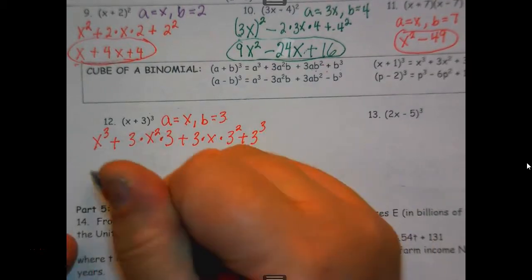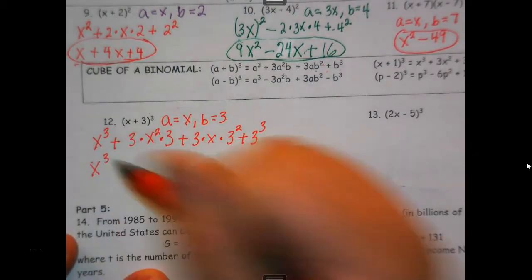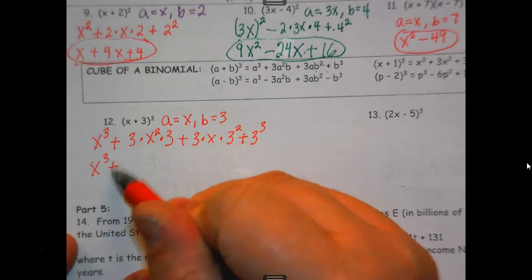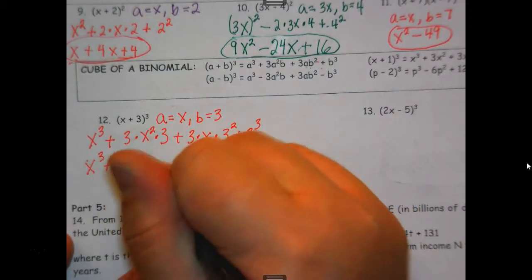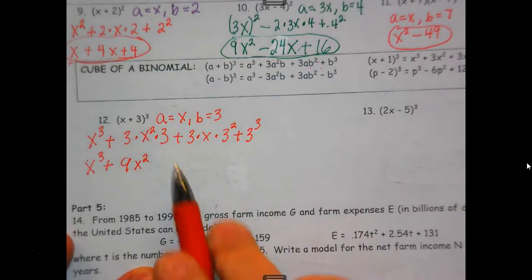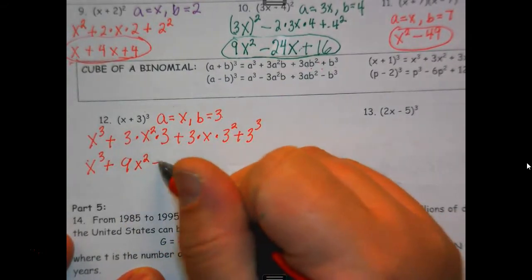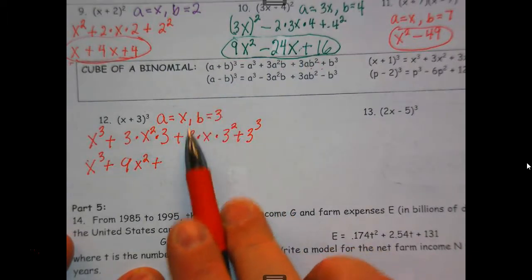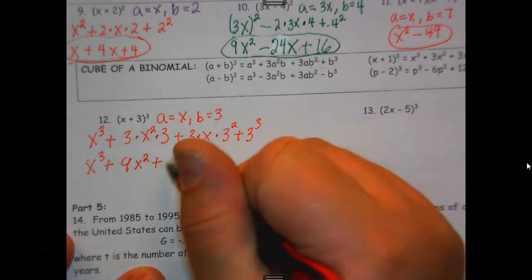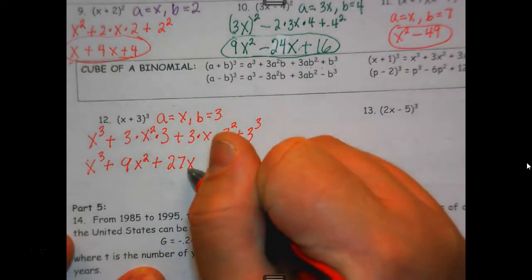Okay, so we got x cubed plus 9x squared, good, plus, what is it? Well, 3 squared is 9 times 3, 27x.